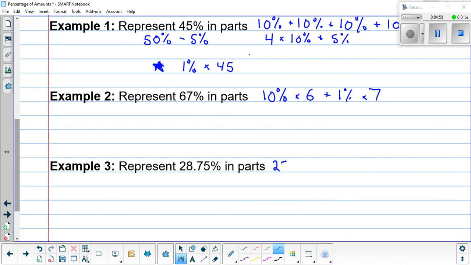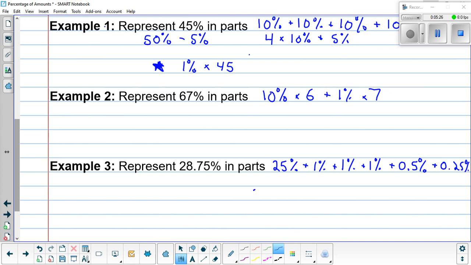And this last one is 28.75. I'm going to do 25% plus 1%. That's 26. Plus 1% is 27. Plus 1% is 28. Then I know I can do half of that 1%, and then I can do half of the 0.5% as well.